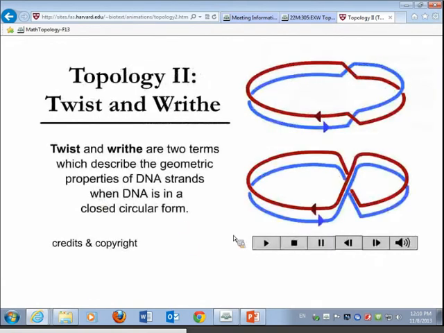So if you go to this website, you can see how twist and ride can interconvert. So in this particular picture, we have a twist right here, a half twist here, a half twist here, for a full twist. Again, if you have a belt, you can take it off, put in a full twist, let it go, force it onto a flat table, and it will ride upon itself, converting to ride.